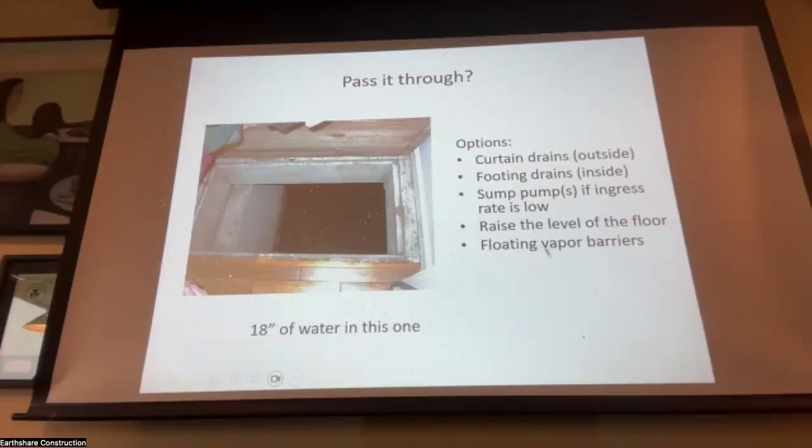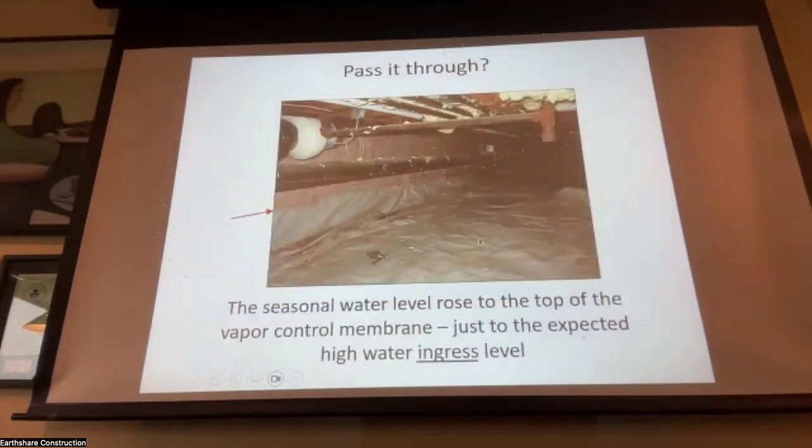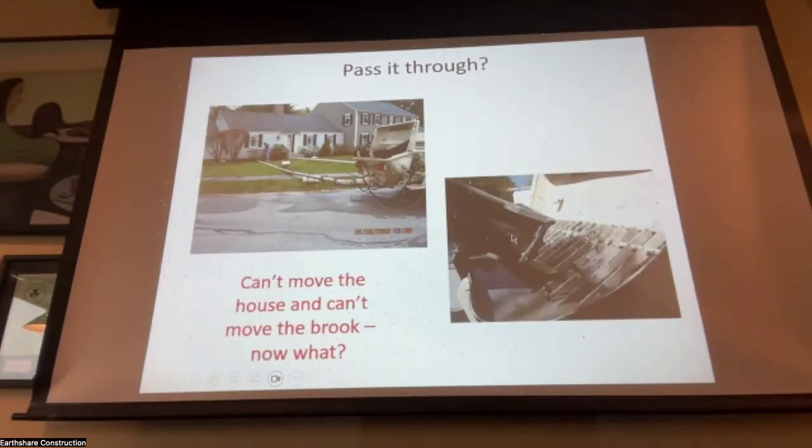It's fun. On this particular job, we hired the local ready mix concrete people. We pumped the water out, and the plastic was there, under that 18 inches of water.